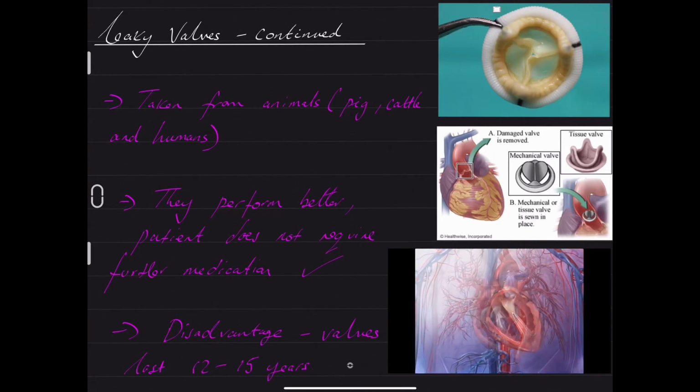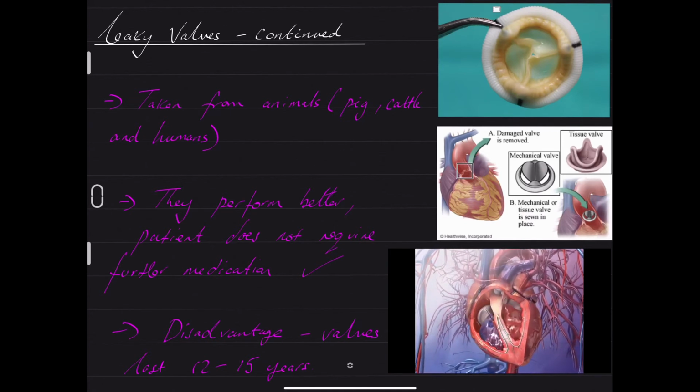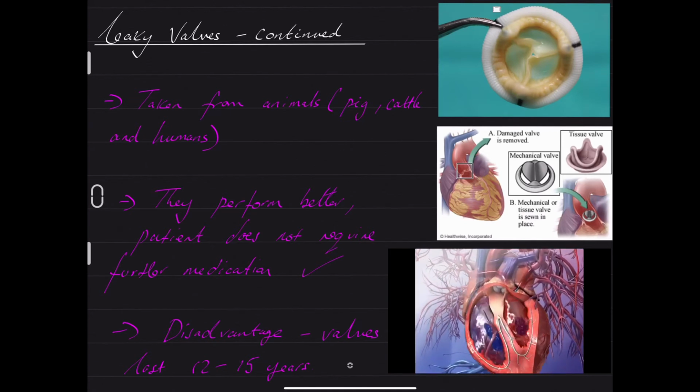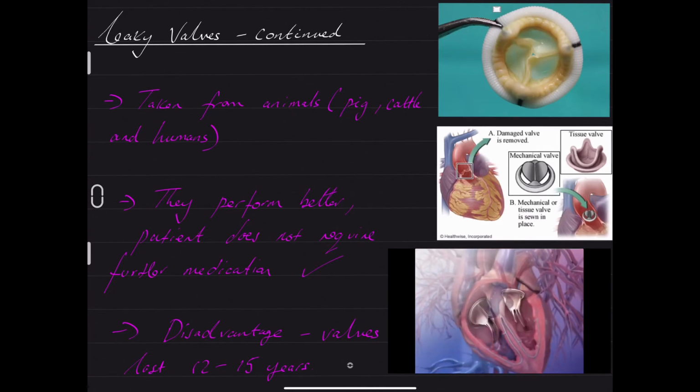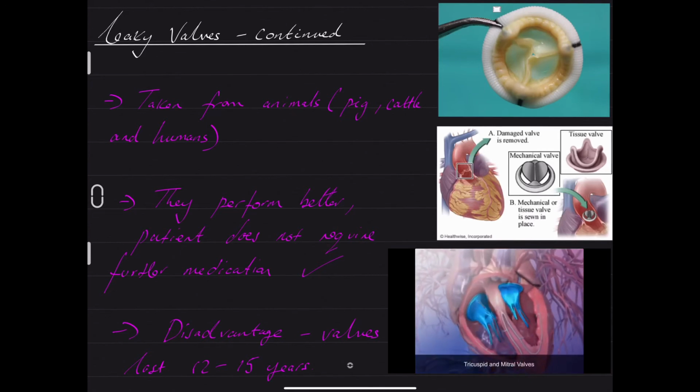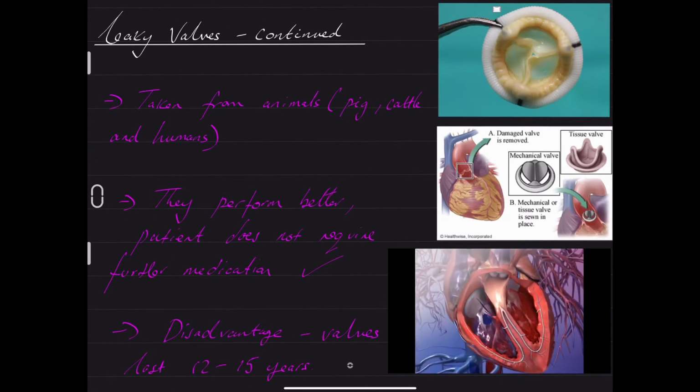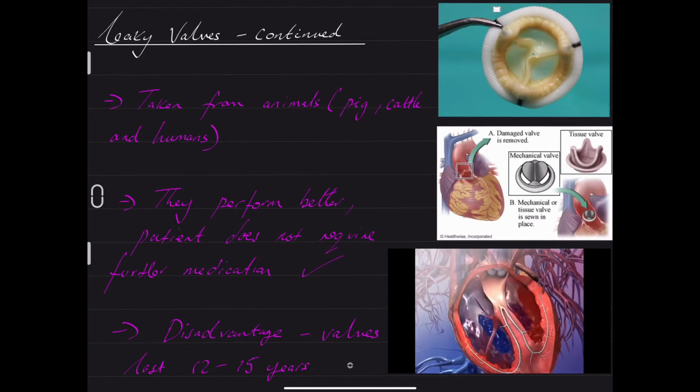So can you just take these notes down for leaky valves and how we can actually treat leaky valves from a biological viewpoint? So we've looked at mechanical and now we've looked at biological.